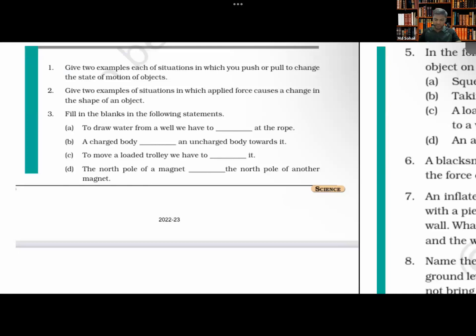While I'm sharing the screen, you guys take out your books. I'm trying to share the screen, but currently I'm not the co-host. Just give me a moment.